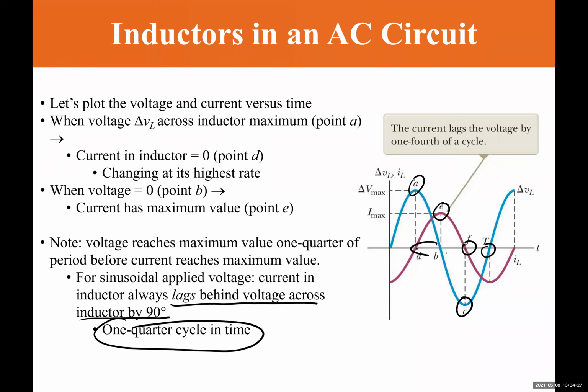This is the time difference between them, and that represents how long it takes for the current to reach the maximum, exactly 1/4 of a cycle after the voltage already reached the maximum value. That's why we say it lags behind, because it always reaches the maximum after the voltage has reached the maximum. It always reaches 0 after the voltage has already reached 0, and so on and so forth.